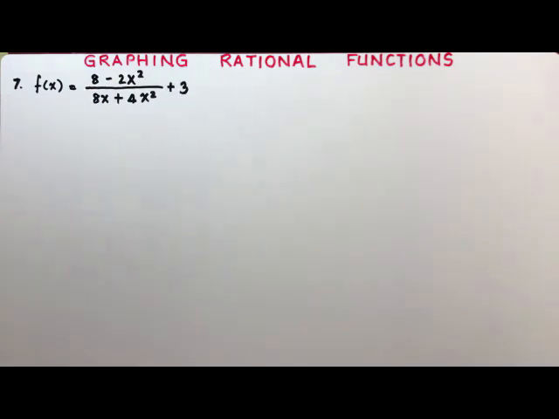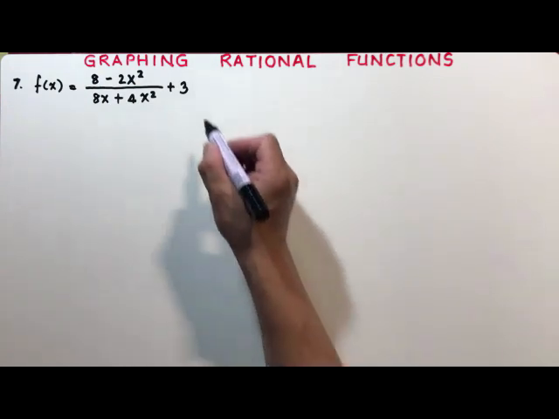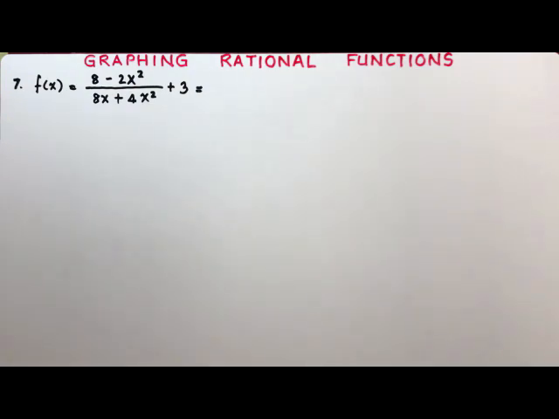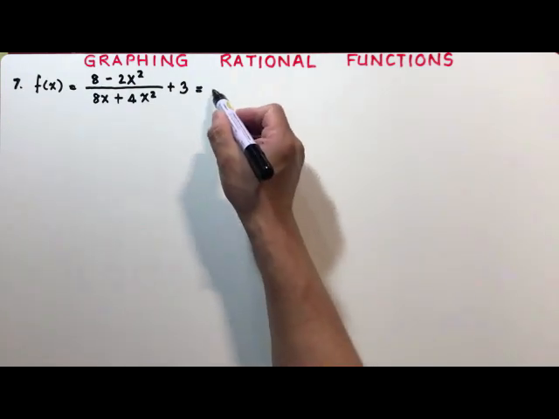As we can recall, based on our guidelines in graphing rational functions, we first need to find any point of discontinuity. To do this, we look for the common factor between the numerator and the denominator.